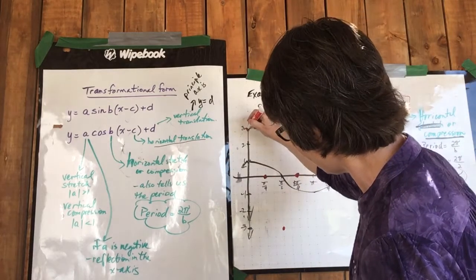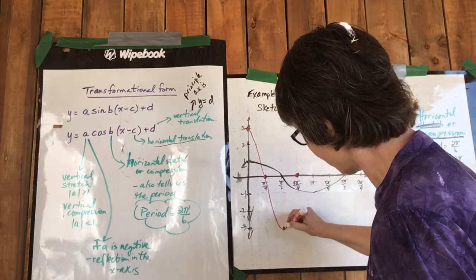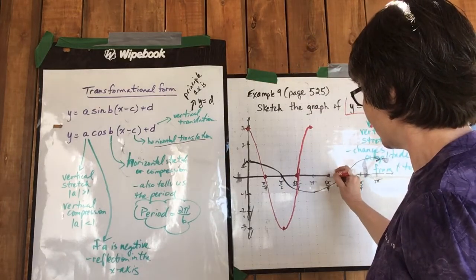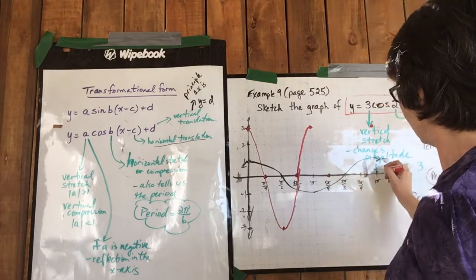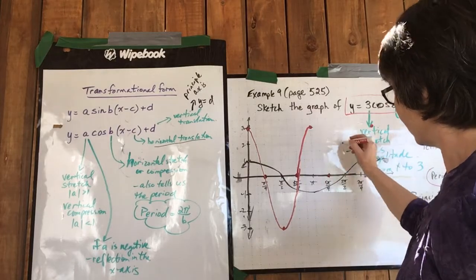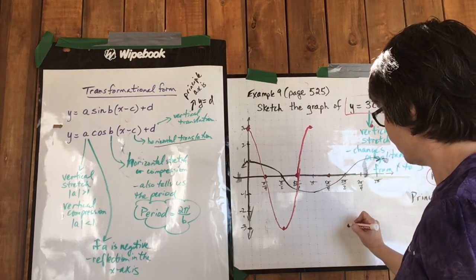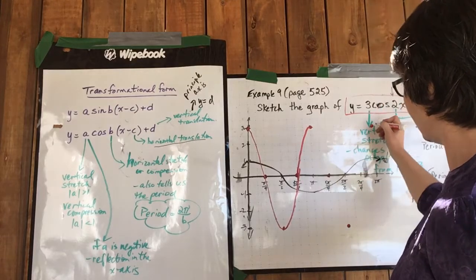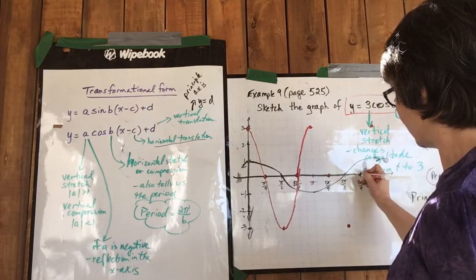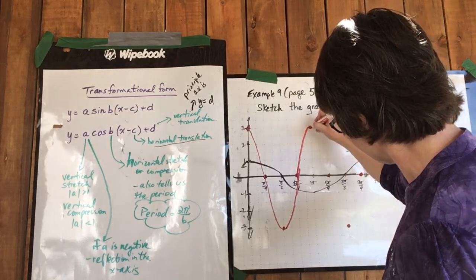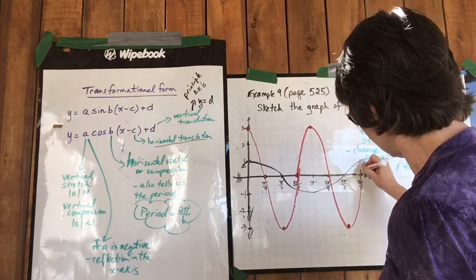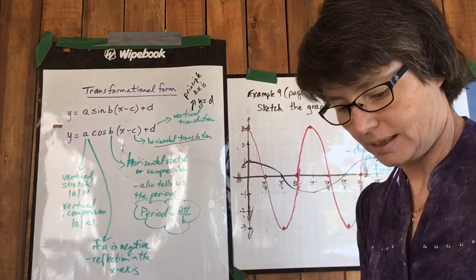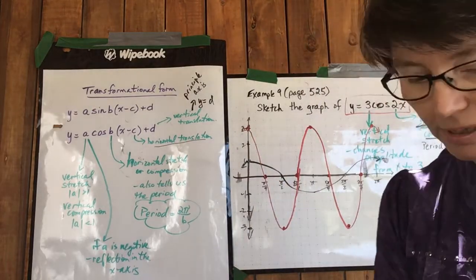So that graph does this, and then it's going to repeat again. Halfway between the two maximums will be the minimum, and halfway between the maximum and minimum is where it crosses the principal axis, so in both of those places. And that is that graph. Put arrows on unless the domain is restricted.